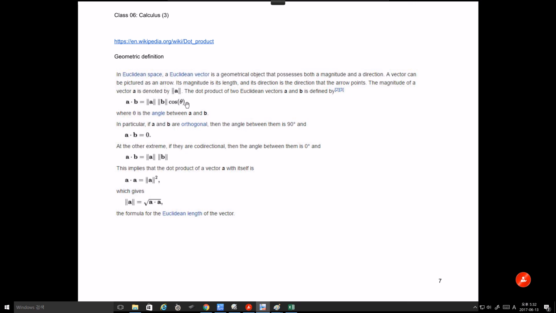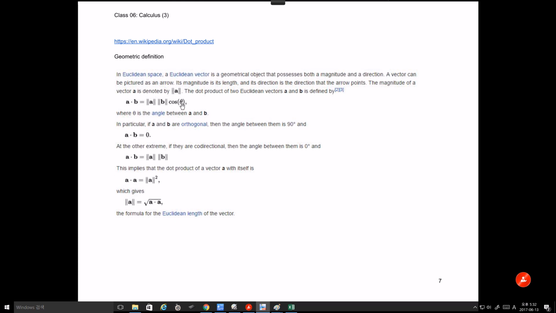So you can interpret A dot B this way or that way. They are mathematically equivalent. But if we write A dot B in the geometrical way, it is more interesting. In particular, if A and B are orthogonal, meaning the angle between A and B is 90 degrees, then theta is 90 degrees.